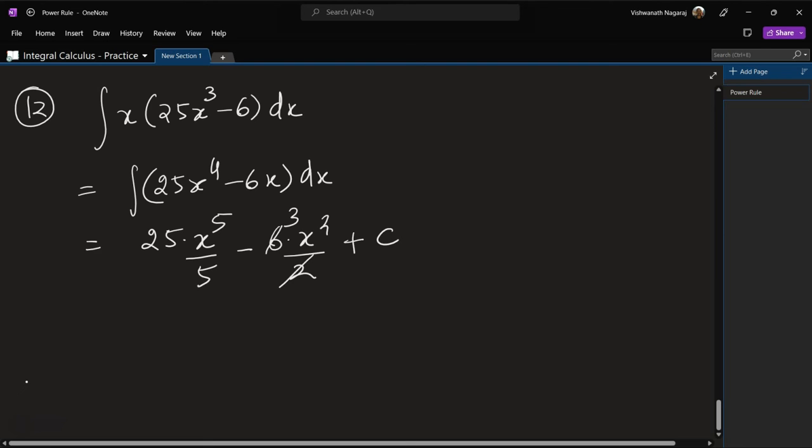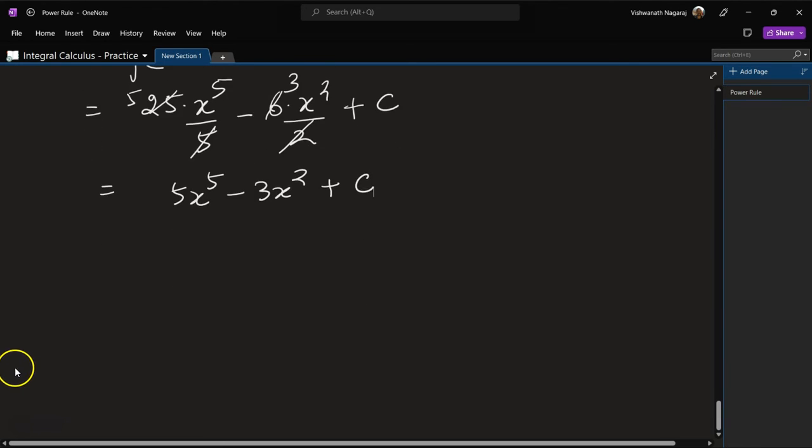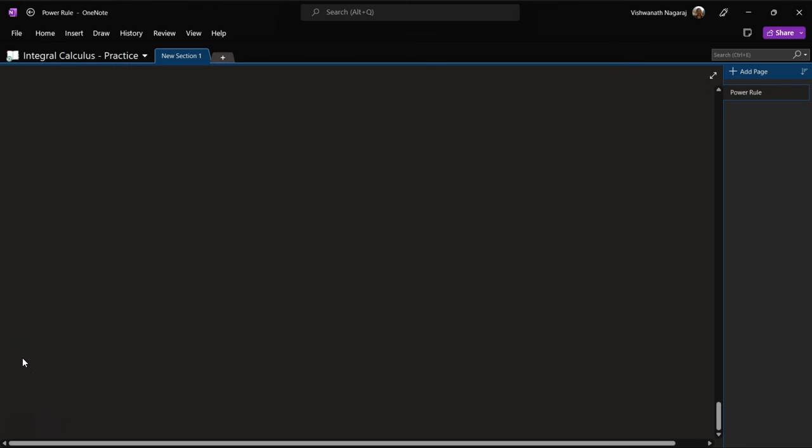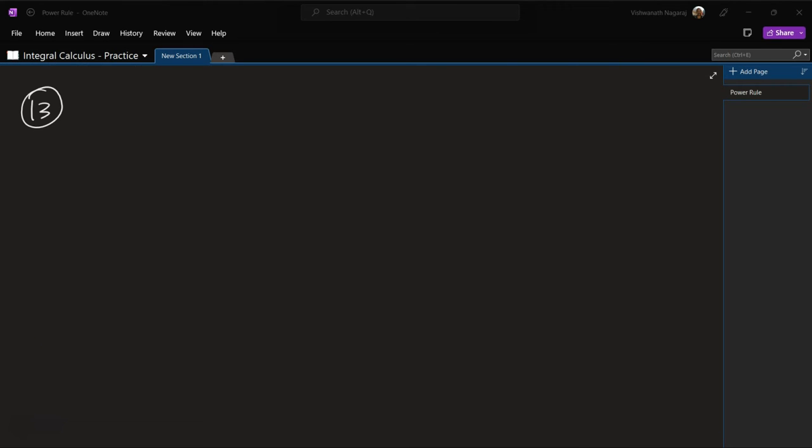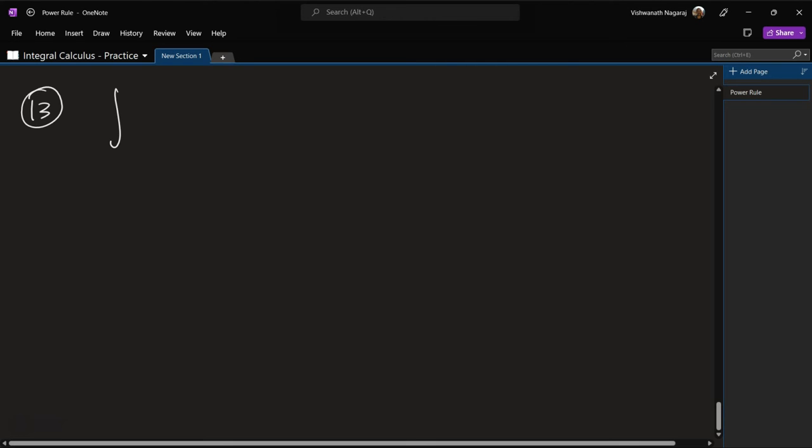So 2 3's, 5 5's, which gives us 5x to the power of 5 minus 3x square plus c. So as you see, it's pretty easy, if we are very comfortable with the laws of exponents, then it becomes very, very easy.